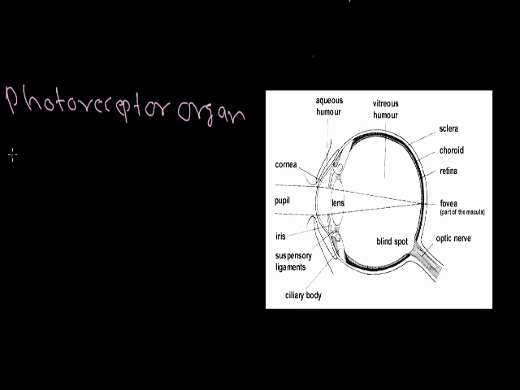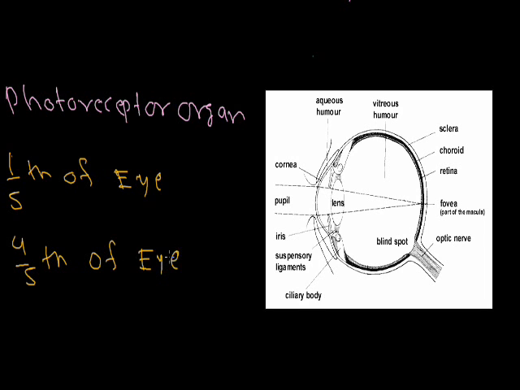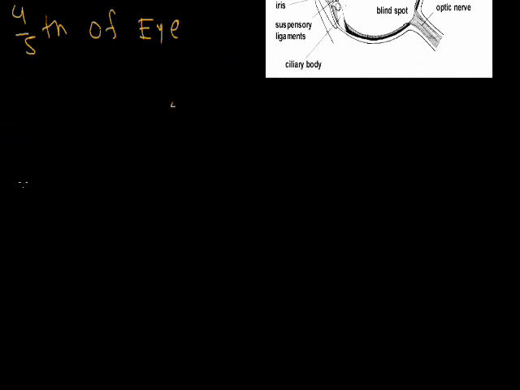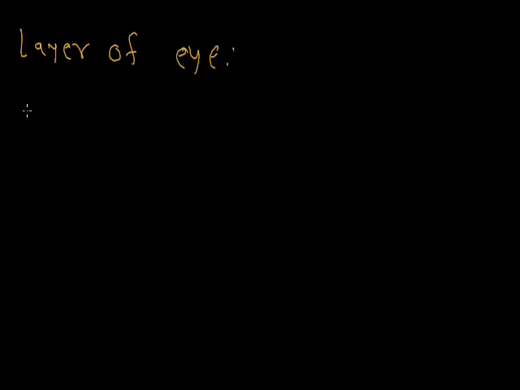One-fifth part of the eye is seen outside and four-fifths part of the eye is inside. Now we will discuss the layers of the eye. There are three types of layers in the eye.